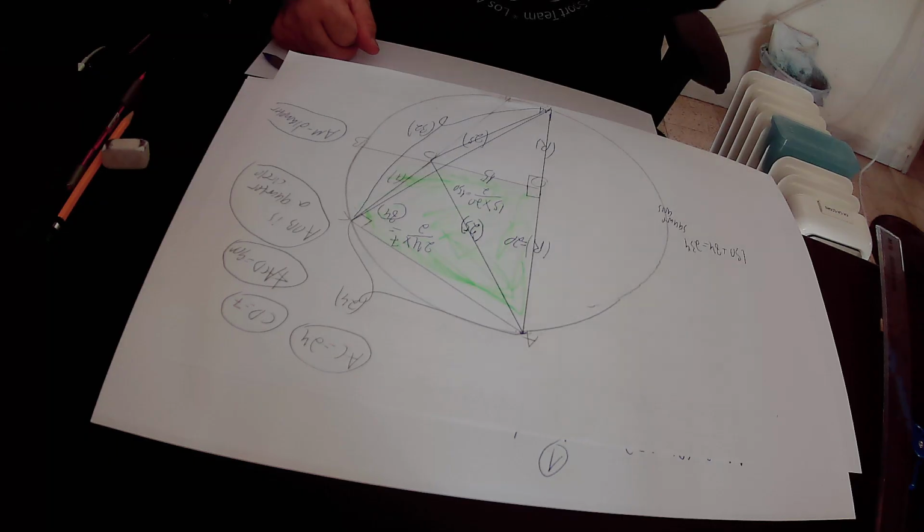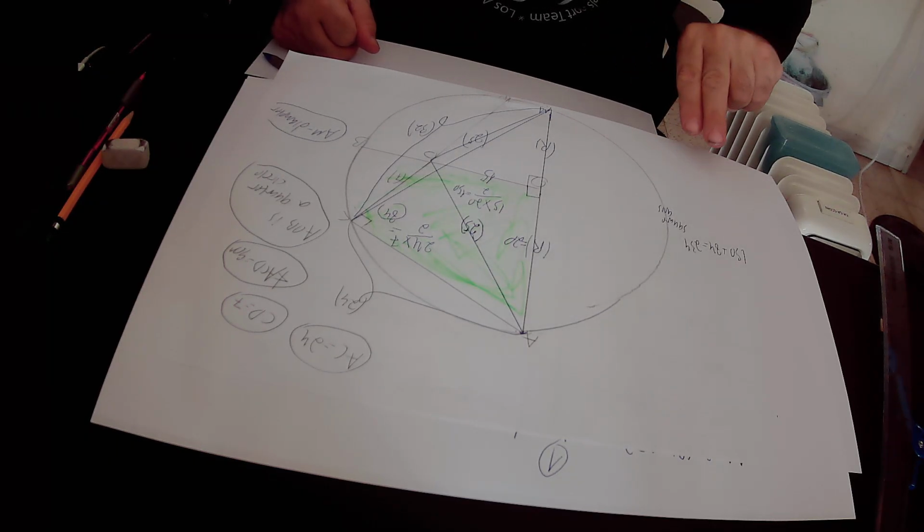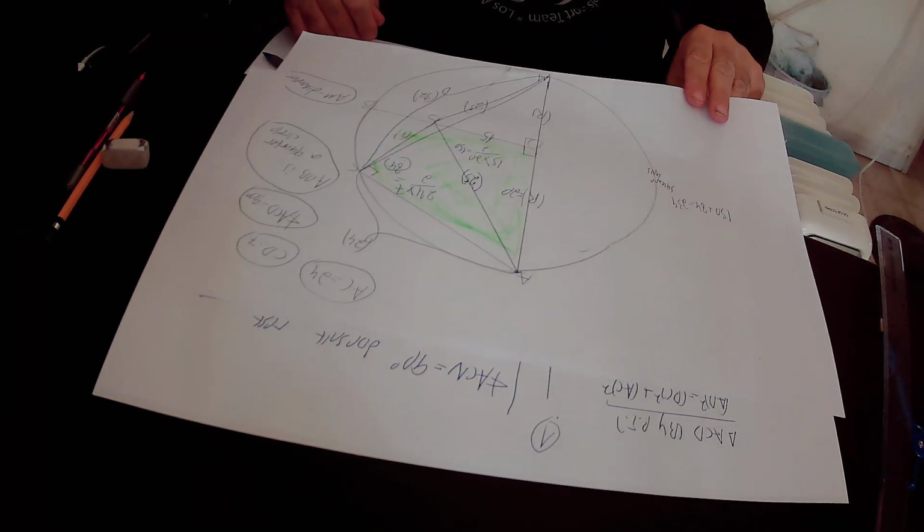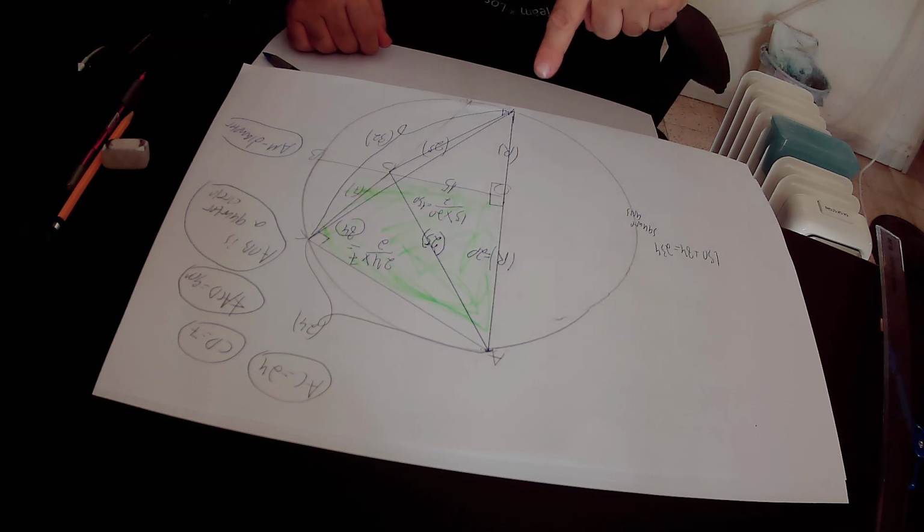Therefore, AM is the diameter of the circle, equal to 2R, of course. Again, AM is the diameter of the circle.